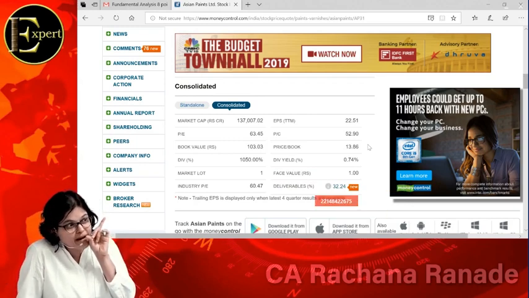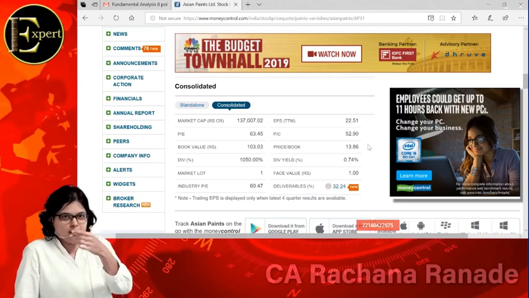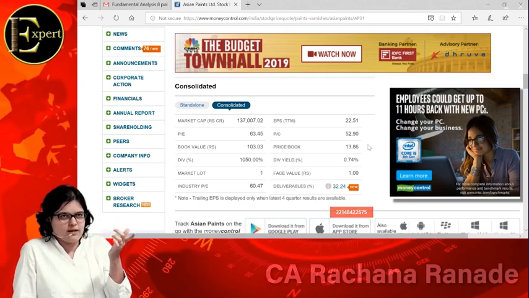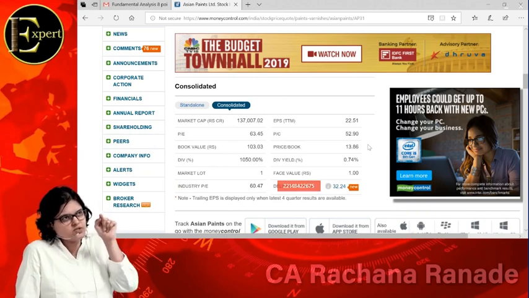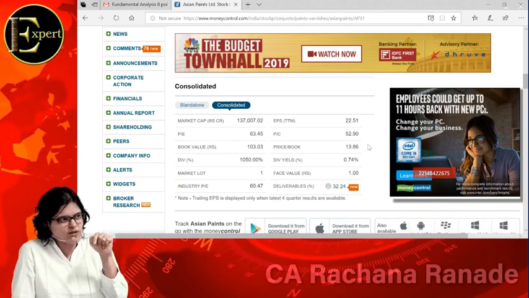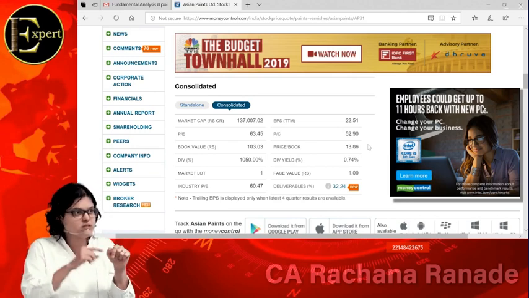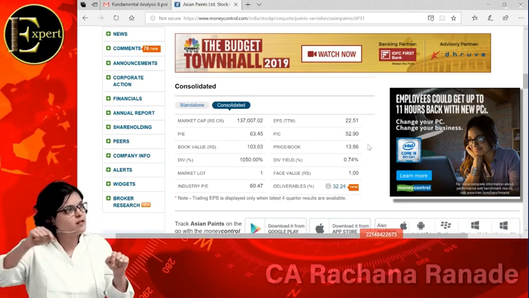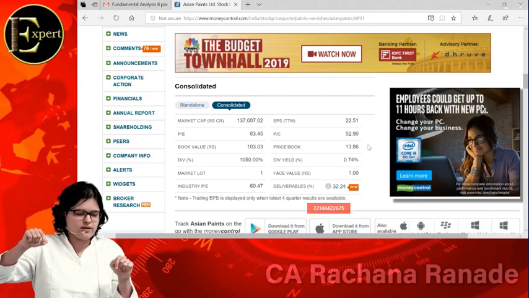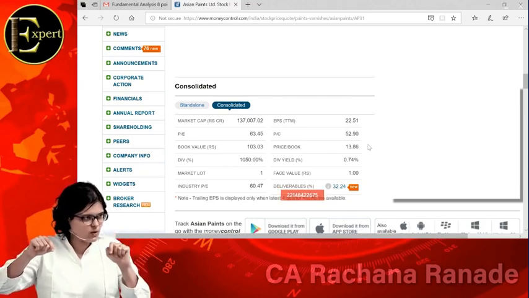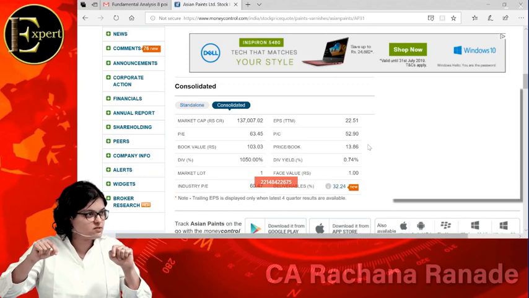Not exactly what he had paid, because I'll repeat the question. The question is: does 13.86 mean that whatever the shareholder had invested, versus the current market value, is 13.86 times? Is that what you're trying to tell? No. Answer is no. Why? Understand. Shareholder had put, let us say, 1 rupee, but you also have reserves and surplus.